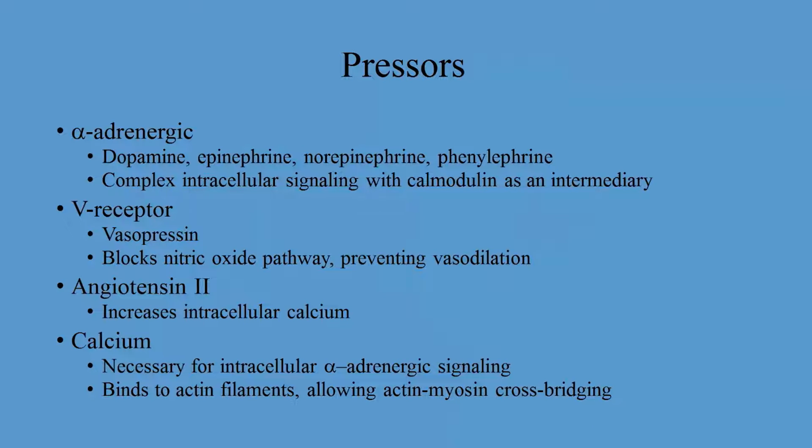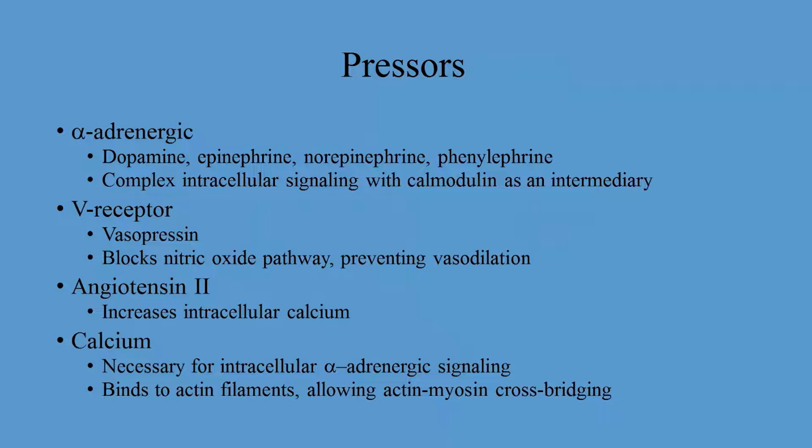So those alpha adrenergic agents bind to the alpha adrenergic receptor, which sets off a complex cascade of intracellular signals with calmodulin as that intermediary.